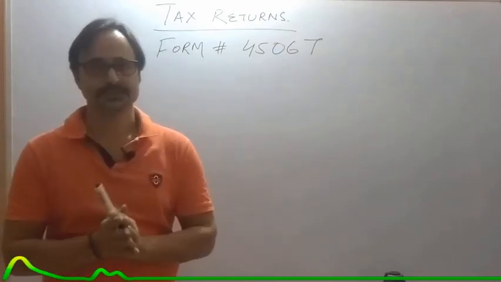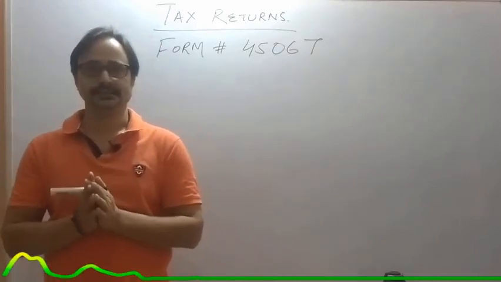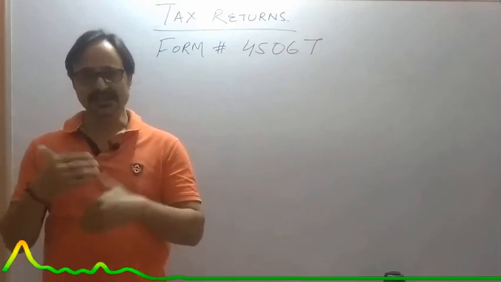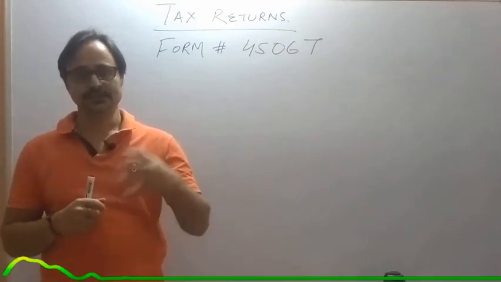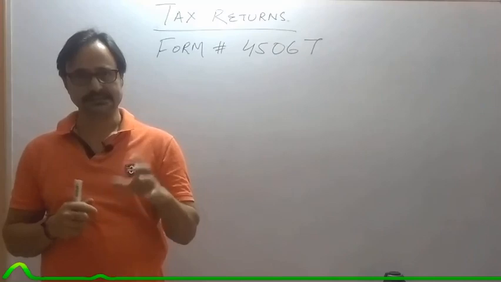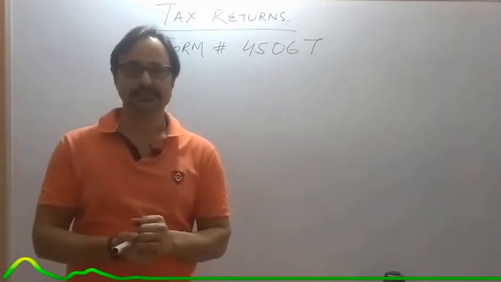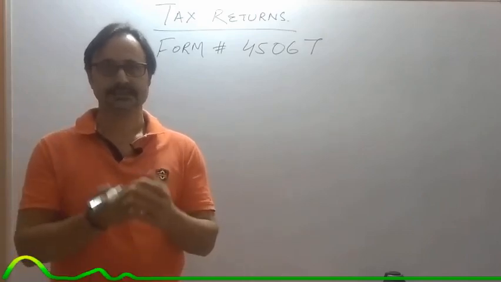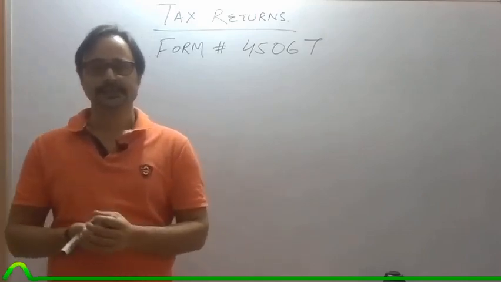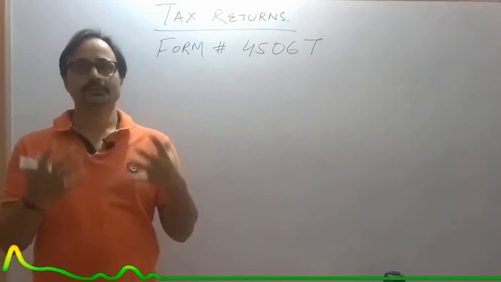But if there is some incorrect data in that tax return, we need to verify it. Whether all the data written on the copy given to us is correct or incorrect, or whether there is any discrepancy, we need to verify that data.